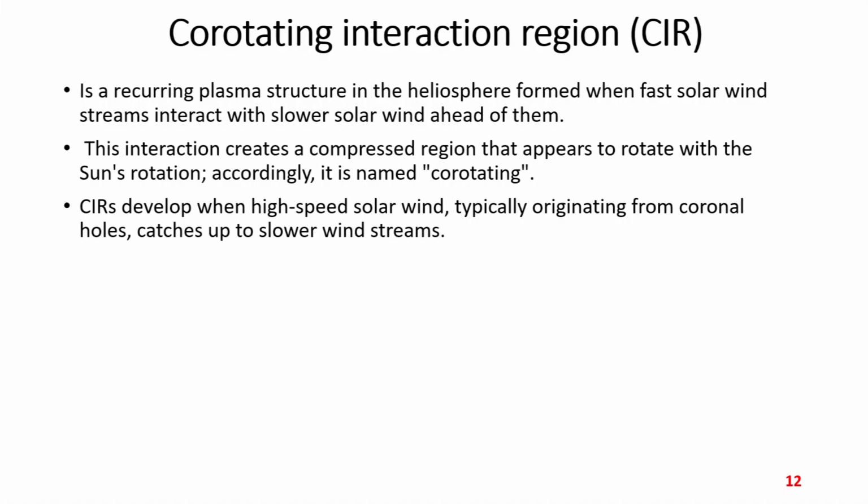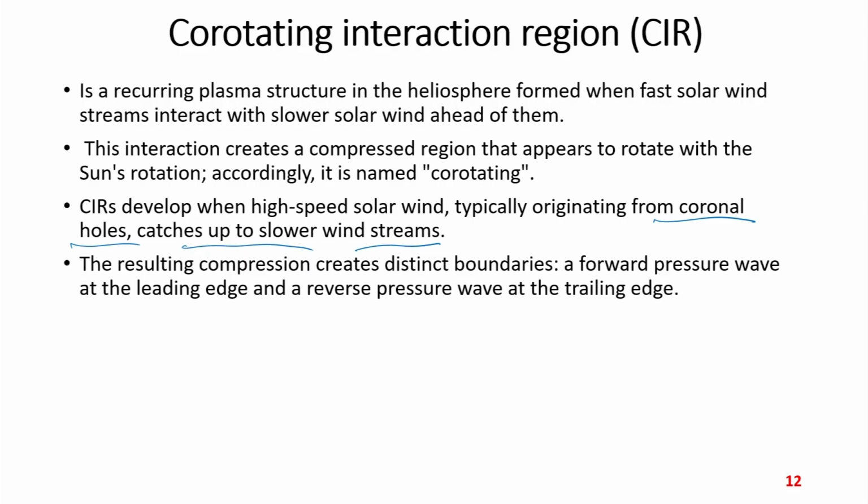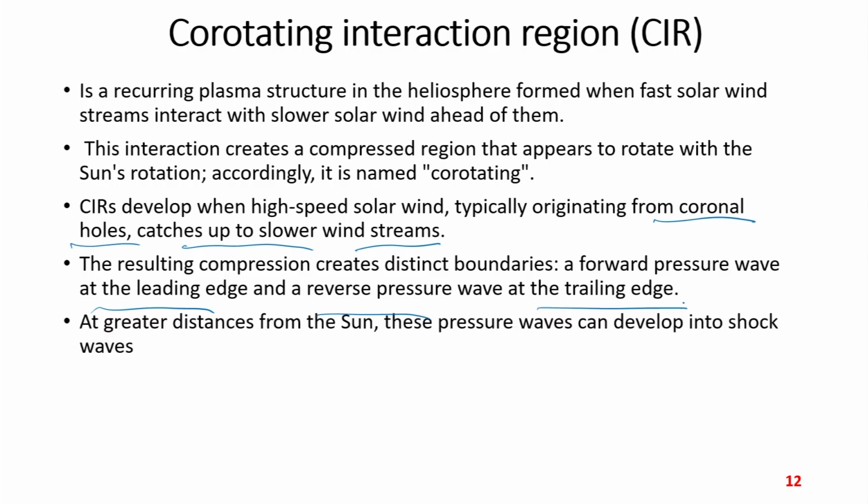CIRs develop when high speed solar wind, typically originating from coronal holes, catches up with slower wind streams. A forward pressure wave or shock at the leading edge, and a reverse pressure wave at the trailing edge, are generated. At greater distances from the Sun, these pressure waves can develop into shock waves.